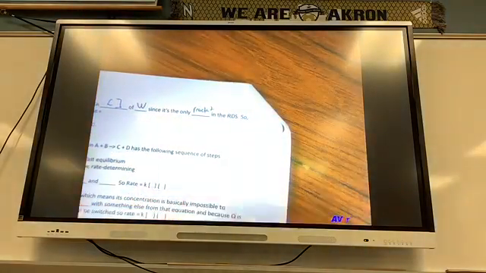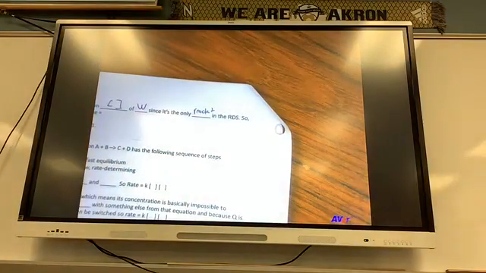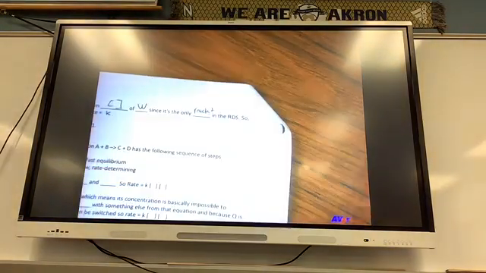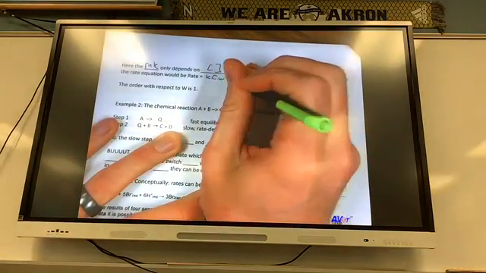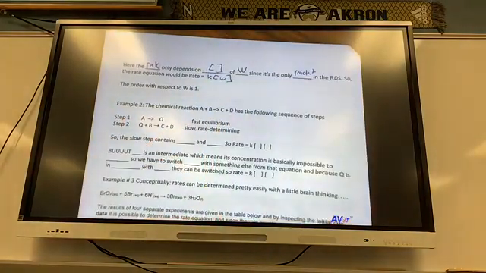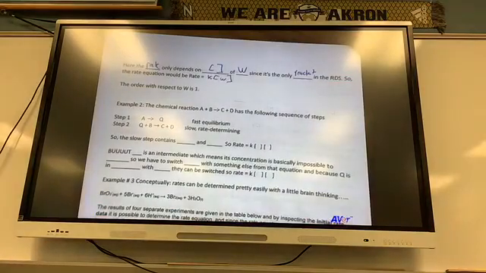So the rate equation would be what? Rate equals K times the concentration of W. You got it. So the order with respect to W is 1.